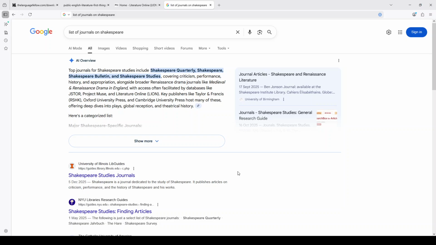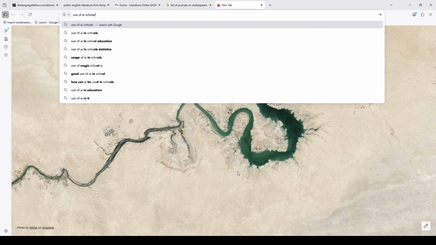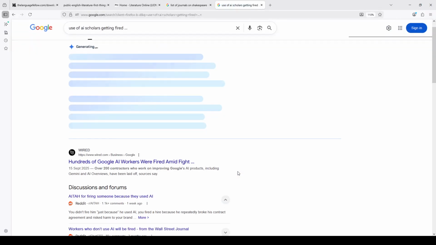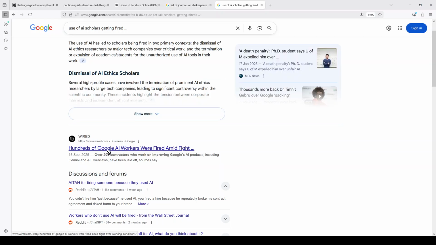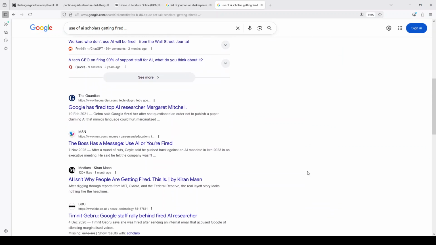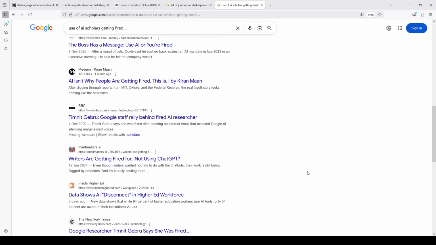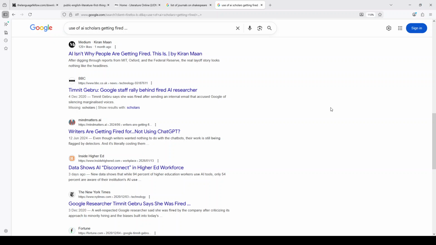And then use of AI, scholars getting fired, lots of things going on. Hundreds of Google AI workers were fired amid fight. I don't know what this is. That is yet another strand of the whole issue, let's call it.